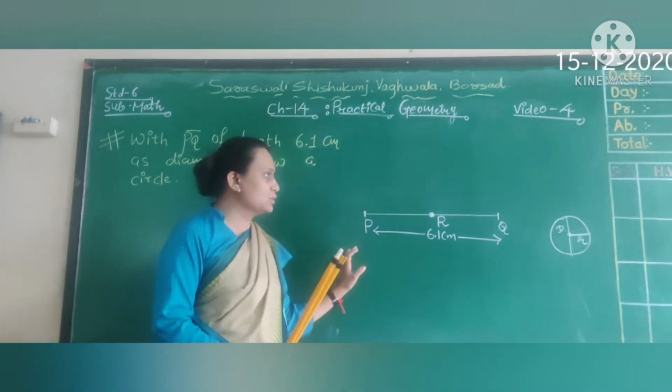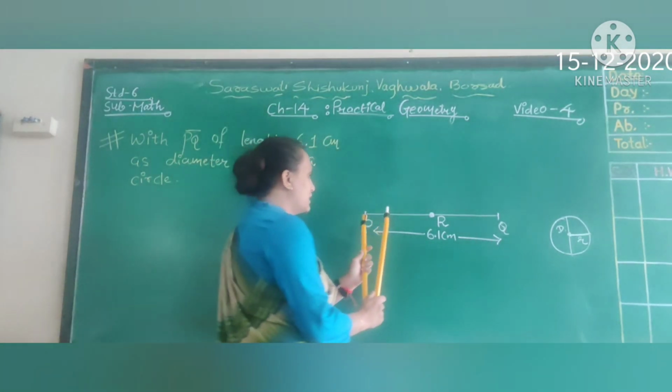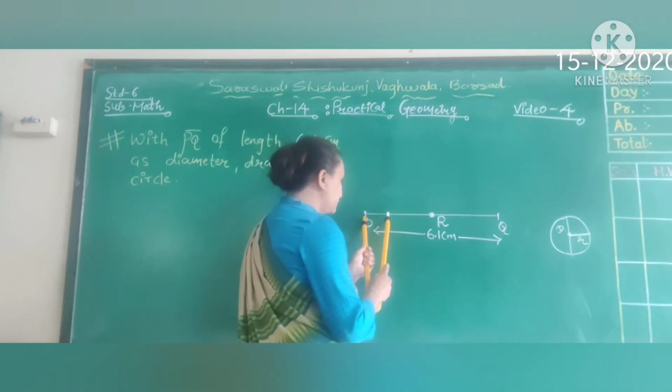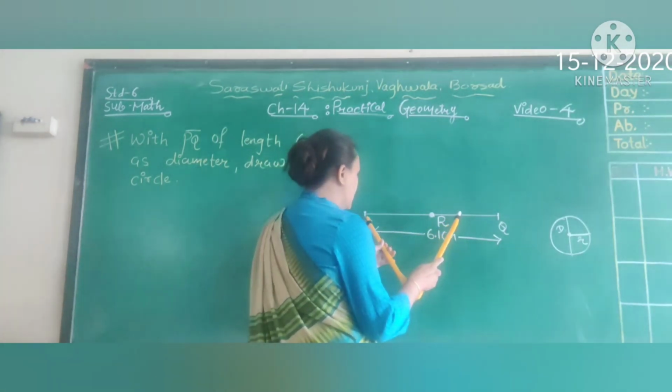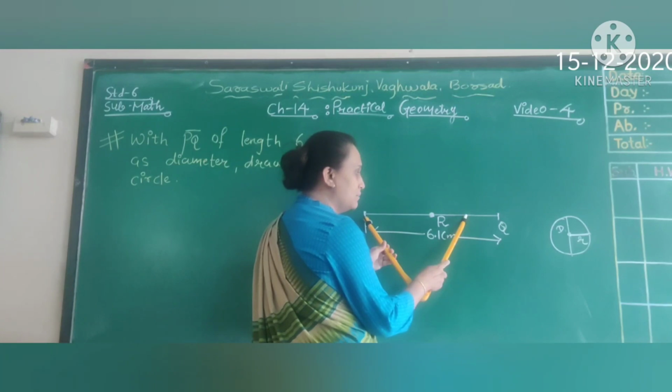So all of you know how to draw a perpendicular bisector of any line segment. So first we are going to take a measurement more than PR. See, here we have to take a measurement more than PR.